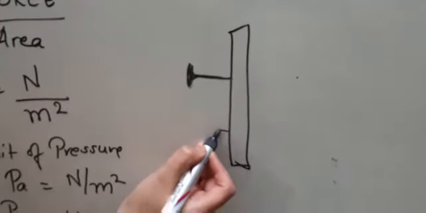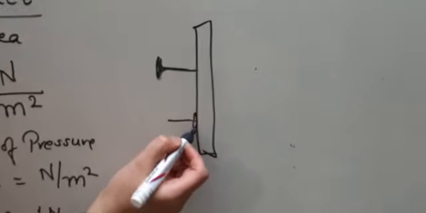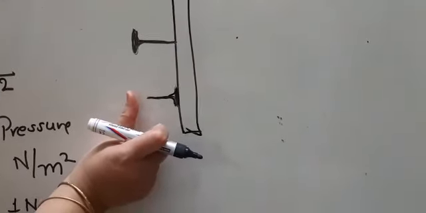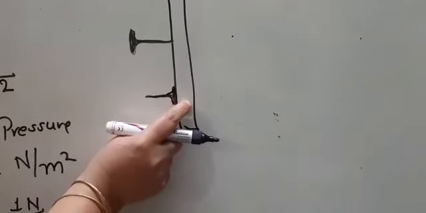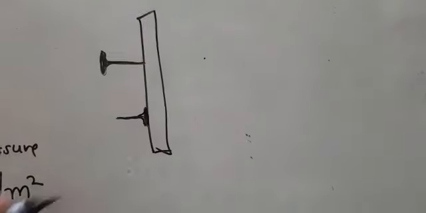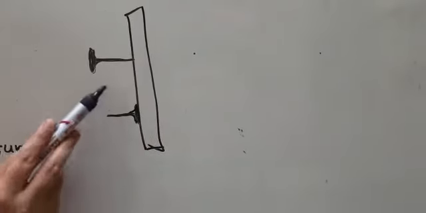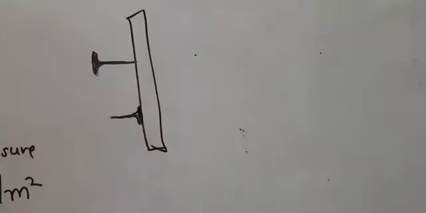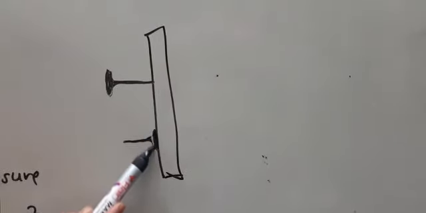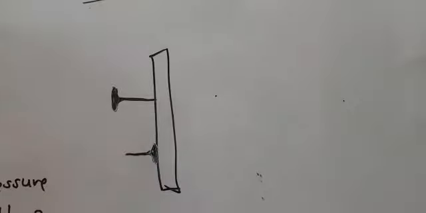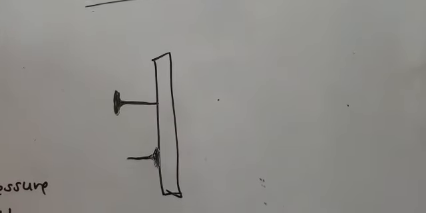If I keep the pin the other way and try to press it into the plank, this will never happen. Rather it will go inside my thumb, isn't it? So when I apply pressure on a smaller area, very easily the pin is inserted, and when I try to apply it on a larger area, you can see how difficult it is. Practically you can all observe this.